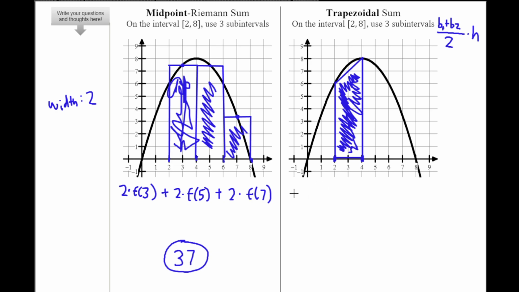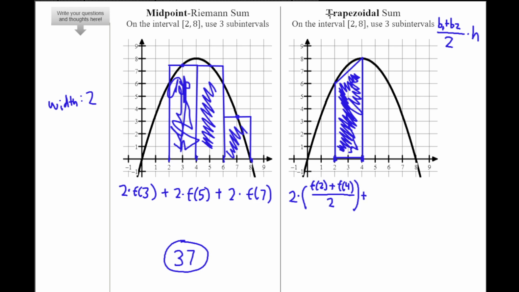So it's 2 times base 1, which is f of 2, plus base 2, which is f of 4, over 2. Again, the height is 2, because that's from 2 to 4. Base 1 is f of 2, base 2 is f of 4, and you just divide that by 2.